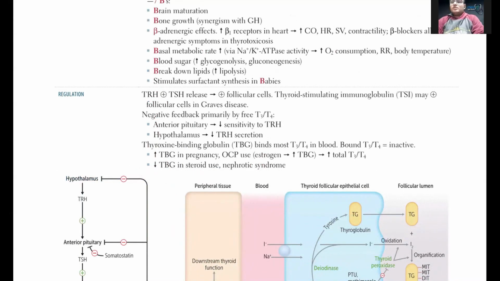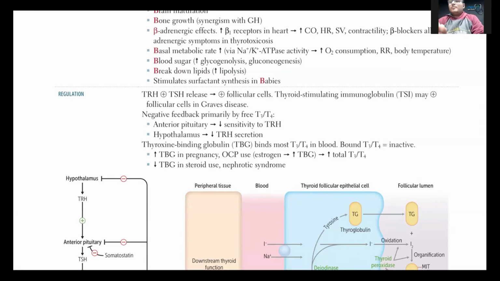Regulation. We have already discussed the regulation in detail. That regulation first starts from the hypothalamus. The hypothalamus releases thyrotropin releasing hormone. This thyrotropin releasing hormone increases the TSH from the anterior pituitary.